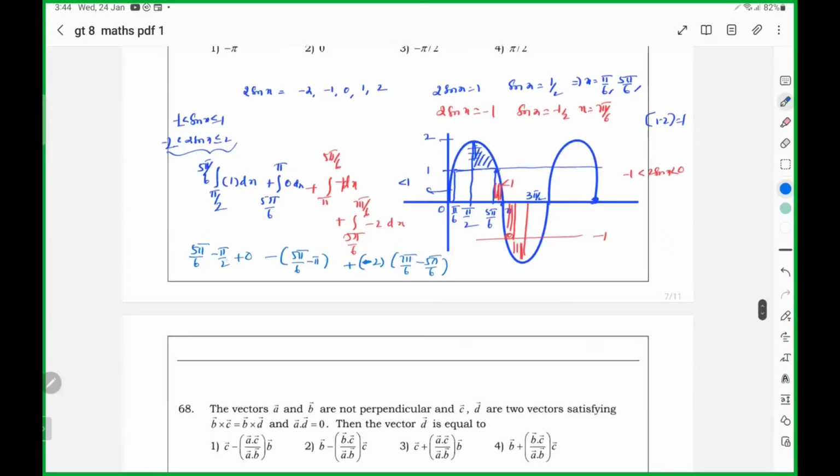It is 2 pi by 6 minus plus pi by 6. So it is 7 pi by 6.